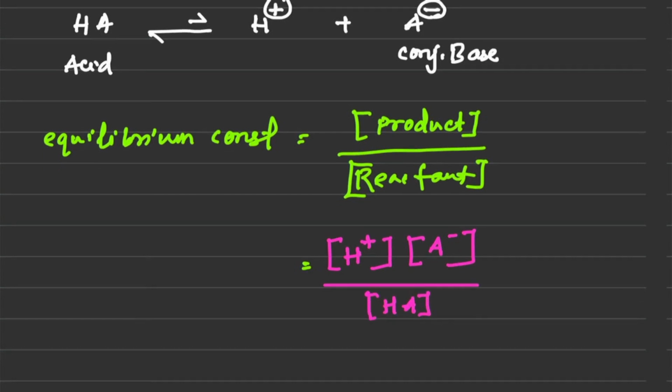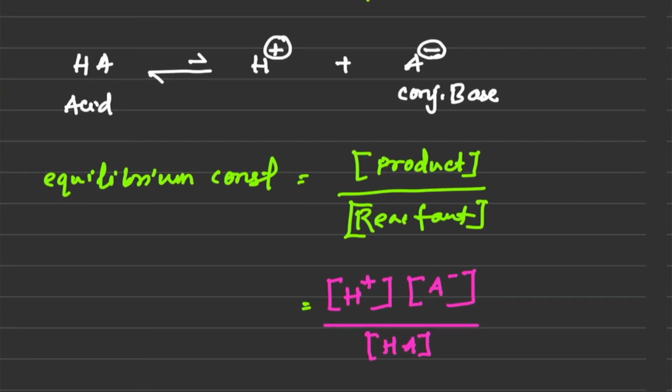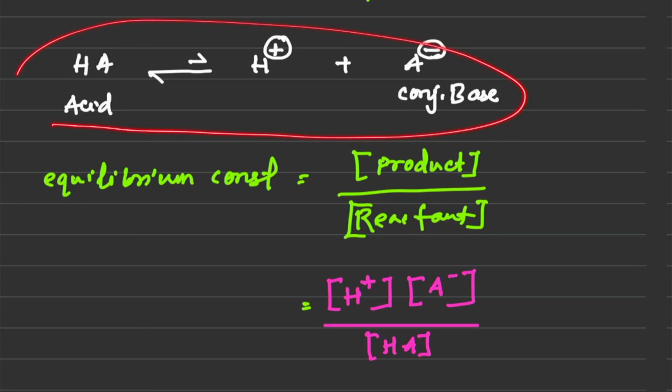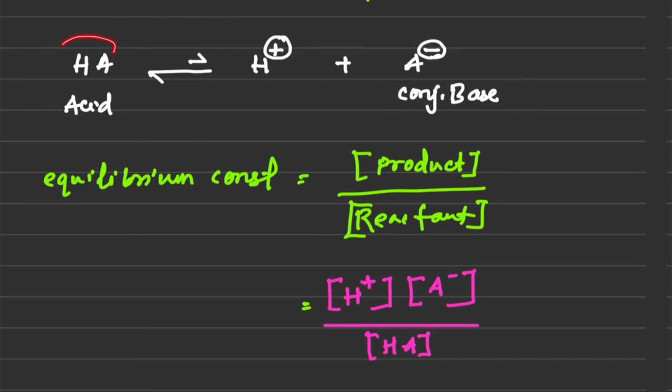If you look here, this reaction is basically a dissociation of an acid, where an acid is dissociated into H+ and its conjugate base. So the equilibrium constant is also called the acid dissociation constant, which is basically the same thing.